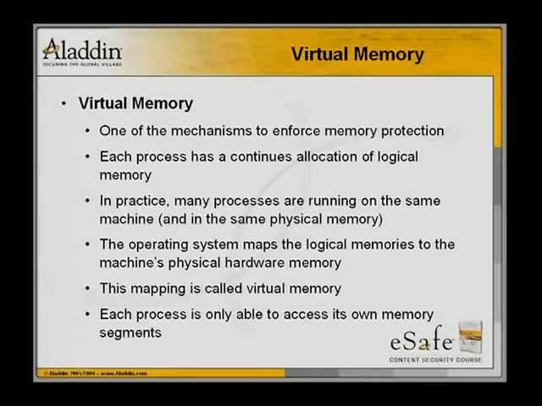As in the example we showed before, when I launch a Word file and try to send it by email using Outlook, basically it uses the virtual memory allocation and not the physical memory allocation, because if it used the physical memory allocation, it would have problems with clashing between two memory spaces in the physical memory. In virtual memory, we prevent that using this method. So as we can see in the slide, each process is only able to access its own memory segments.